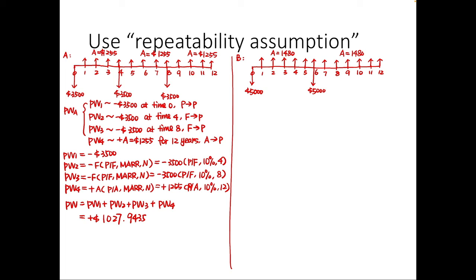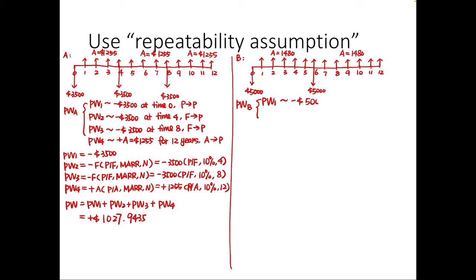Now let's do the present worth method for option B. Okay, so you wanna have the PWB, and it consists of 3 parts.